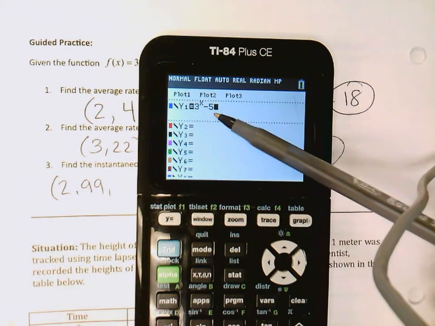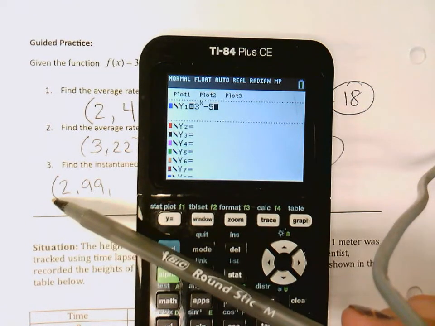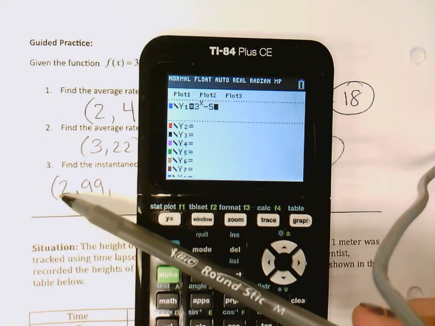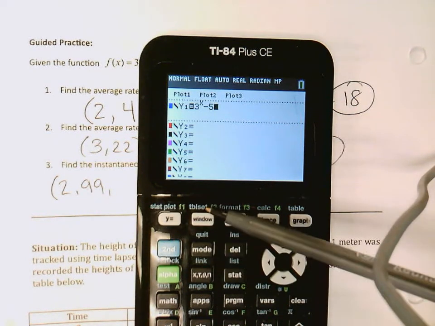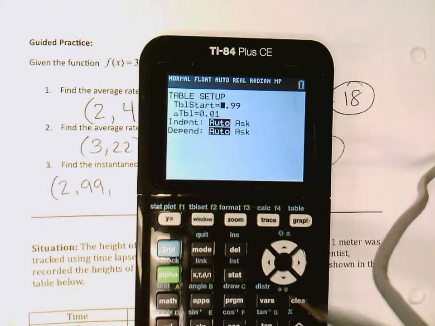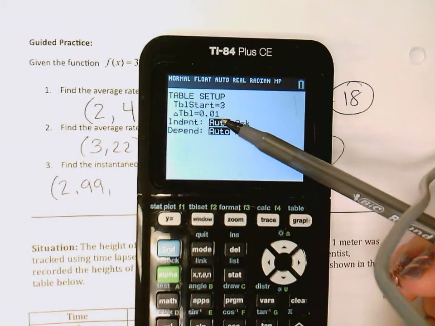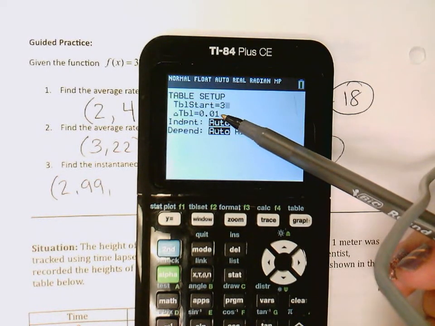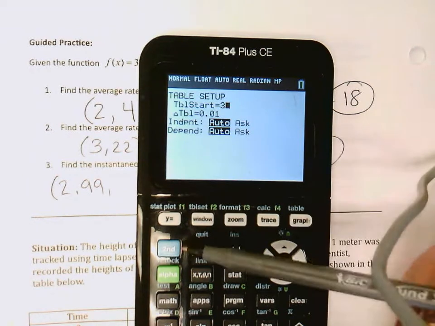We want to go into our table and be able to see the values 2.99 and 3.01, so we don't have to type it in by hand. So you go to second table setup, which is right above the window key. I had already plugged this in, but you start at 3 and you count by 0.01 so that you can see on either side of that number in the table.